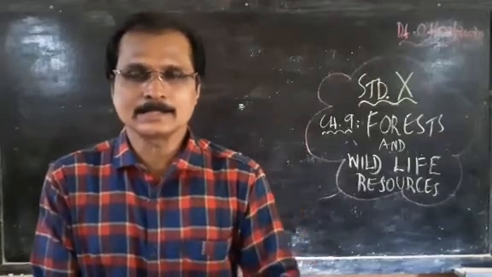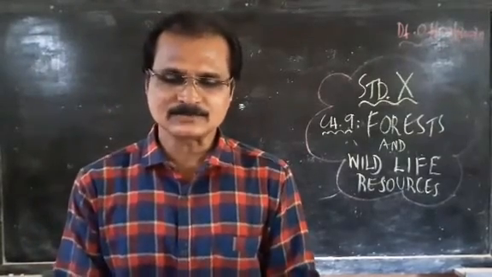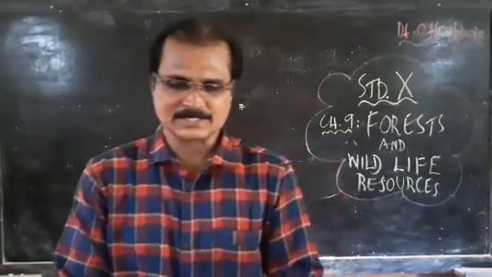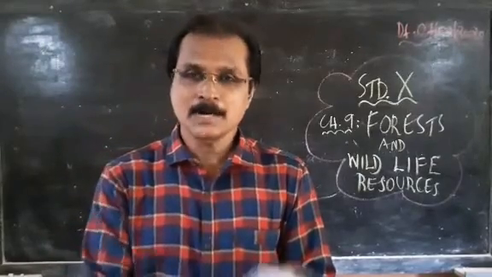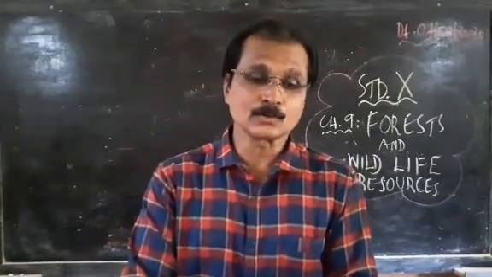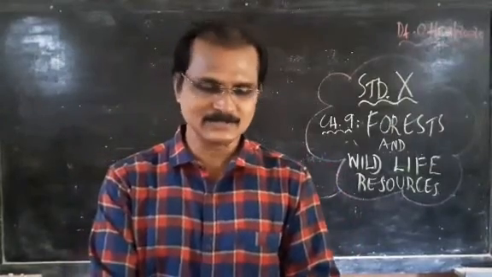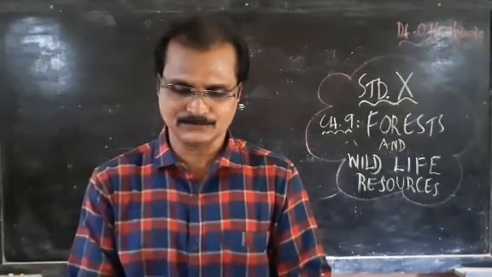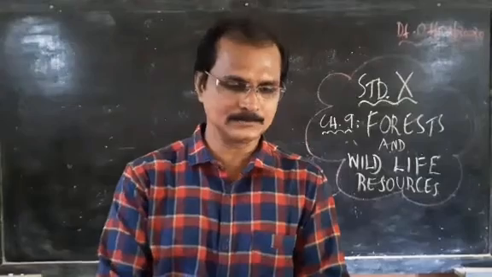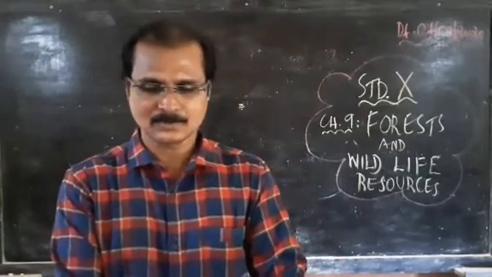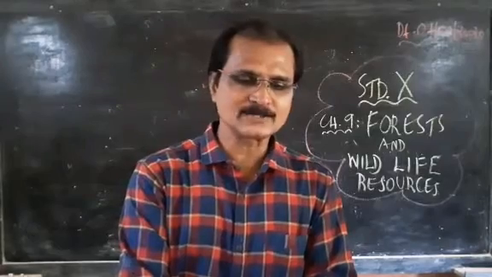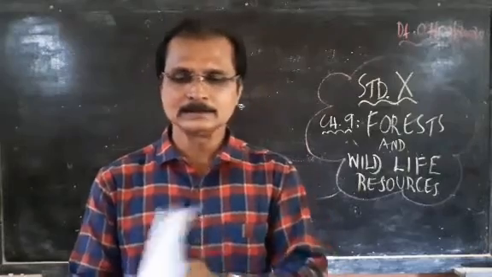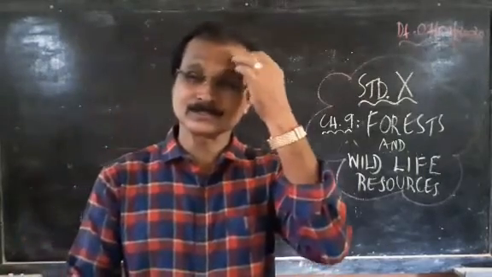In this chapter, we will discuss the classification of forest, types of forest according to the administration, and deforestation, impact of deforestation, remedies for forest conservation, wildlife diversity, wildlife on extinction, reasons for the destruction of wildlife, measures for prevention of wildlife, wildlife protection schemes, and sanctuaries, national parks, and biosphere reserves. So these all are the important points that we are going to discuss in this chapter.